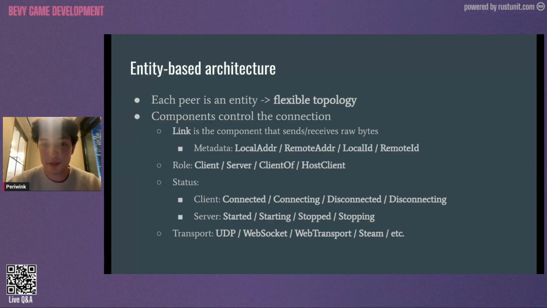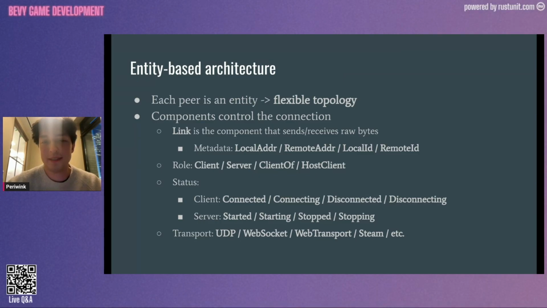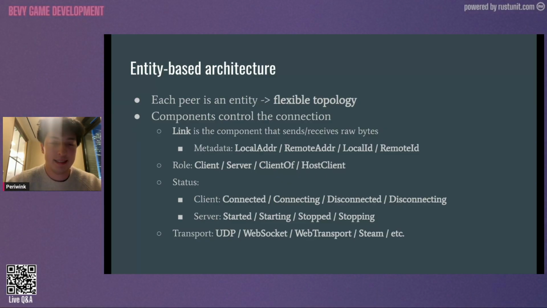Is the server started or stopped? You can also add components to define how the bytes are going to be sent across the network. So we're using UDP, WebSocket, WebTransport. And I think that the Bevy ECS is pretty powerful because it allows you to be very flexible in the capabilities that you add to each of these peers, using ECS and components.